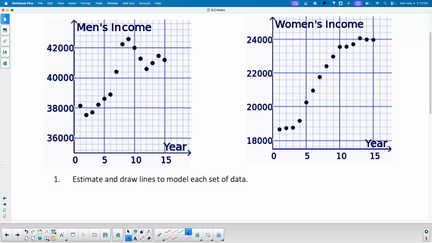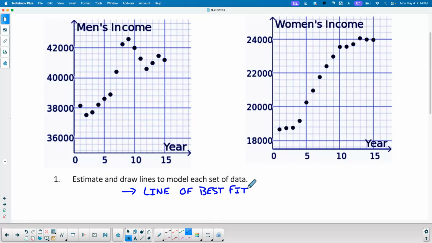What this is called is sometimes a line of best fit. You're putting a line on your data that best fits it.